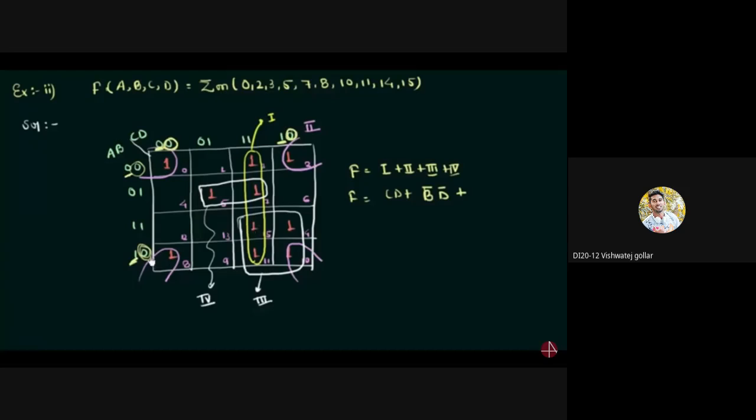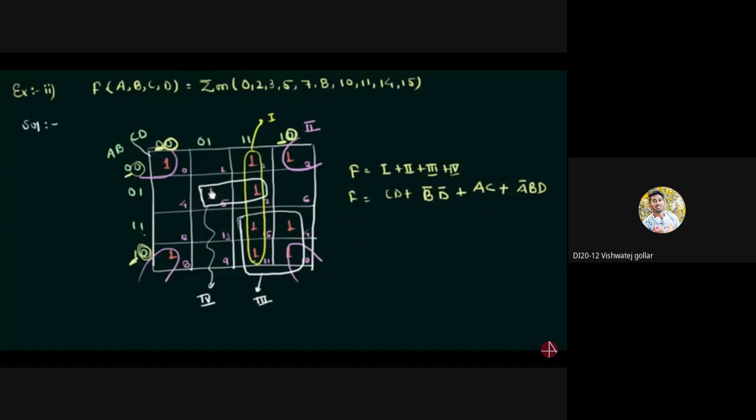I can see that B is changing from 0 to 1, but A is not changing, it's 1. So A is there. And in this I can see that D is changing from 1 to 0, but C is the same. So C is here. Now for the fourth, you can simply write it as A complement B D.